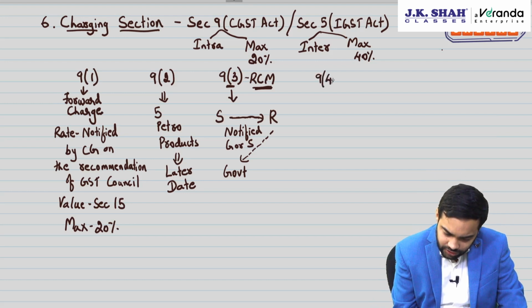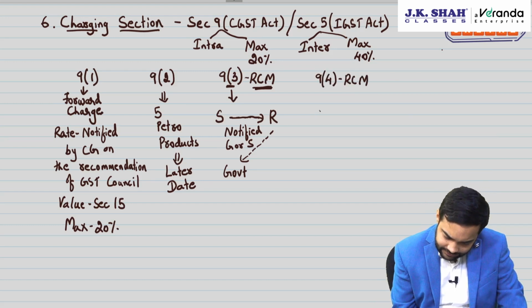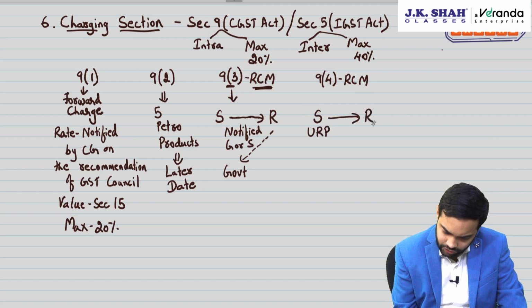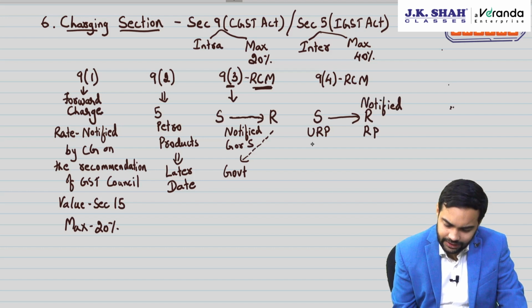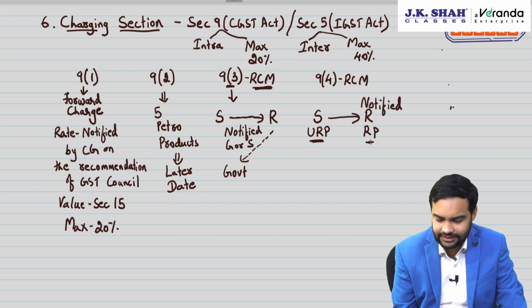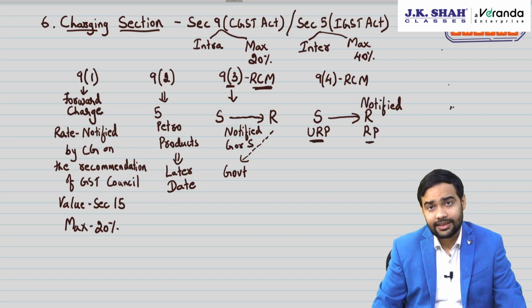9.4 also deals with RCM, but here the law has said notified goods or services, but a combination has to be met, that the supplier should be unregistered while the recipient should be a registered person.